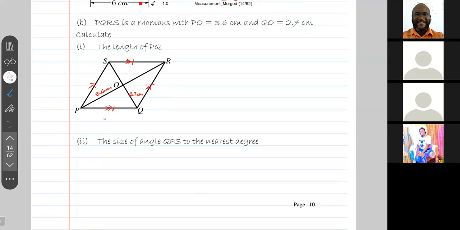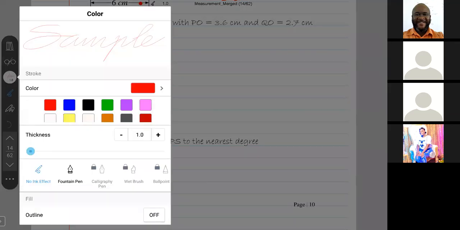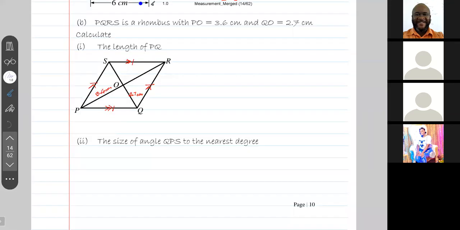So we're asked to find this length here. Let's call it X. And then we're asked to find angle QPS. You must identify that angle and calculate it. And we're also asked to calculate the area of the entire rhombus. All right, guys, let's see what you can come up with in 6 minutes.